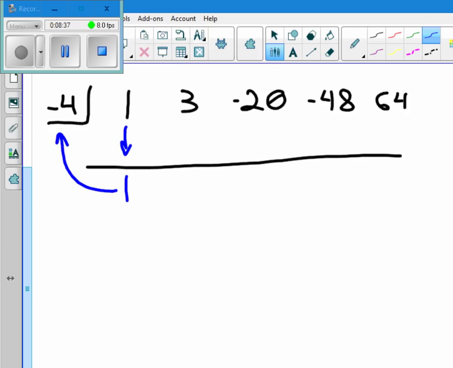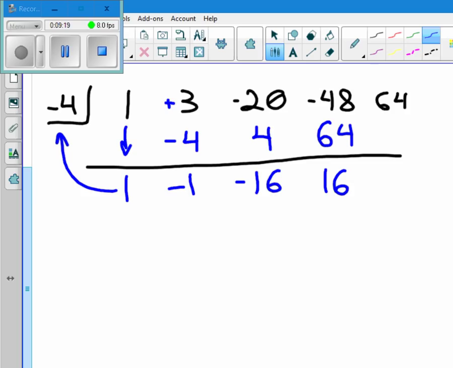You multiply this number by the number inside the box. So 1 times -4 is -4. -4 plus 3 is -1, times -4 is 4. -20 plus 4 is -16, times -4 is positive 64. -48 plus 64 is 16.